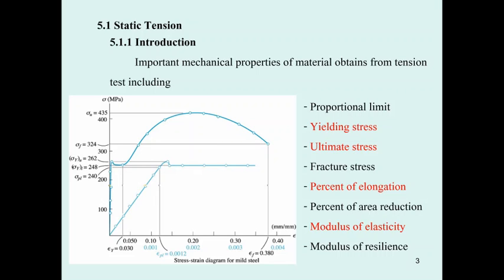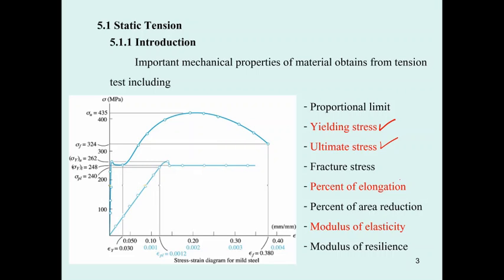For example, for structural steel, TIS 116 indicates that the yielding stress of the Fe24 steel should be at least 2,400 kg per square centimeter. It also specifies that the ultimate stress must be at least 4,100 kg per square centimeter.